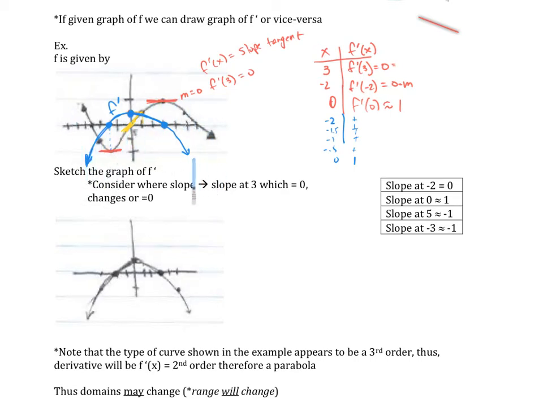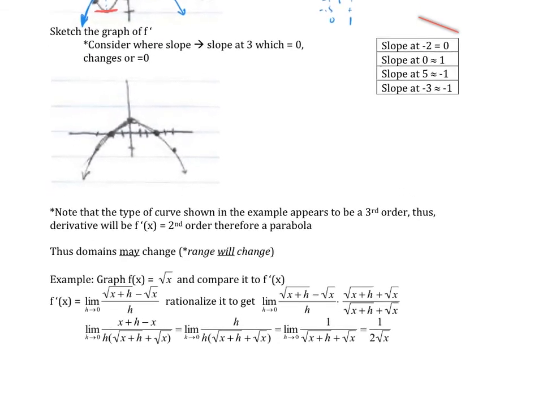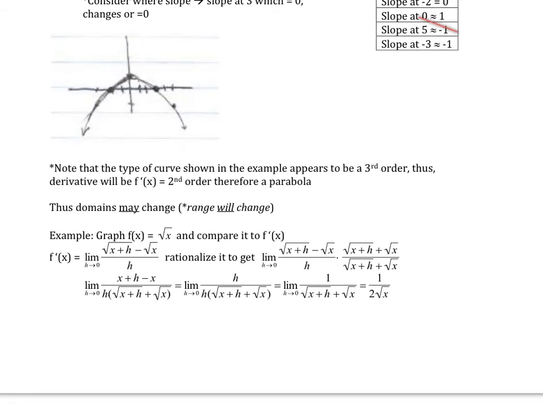This will be a negative, pointing down. So that part didn't change. If you have a fourth order, the derivative would be a third order, and so on. If you have a second order, a parabola, the derivative would be a straight line. So that's something to note. And then the domain may change, you don't know, but the range will most likely change.